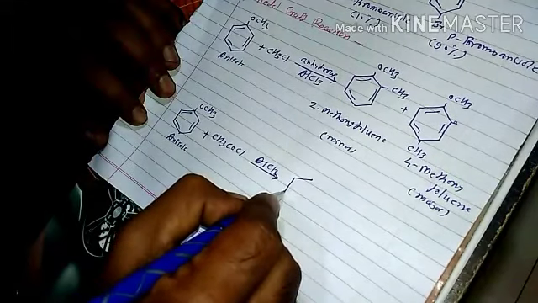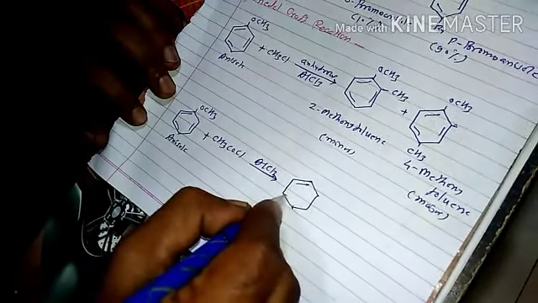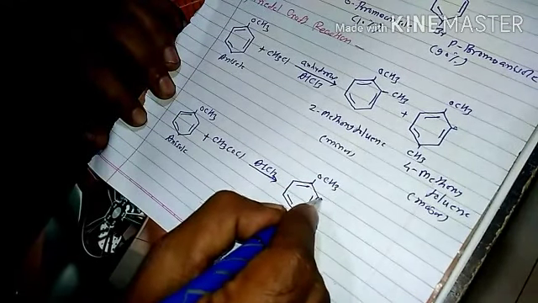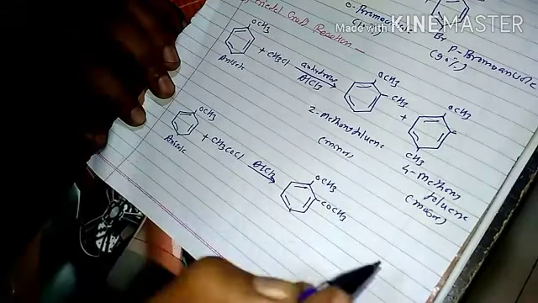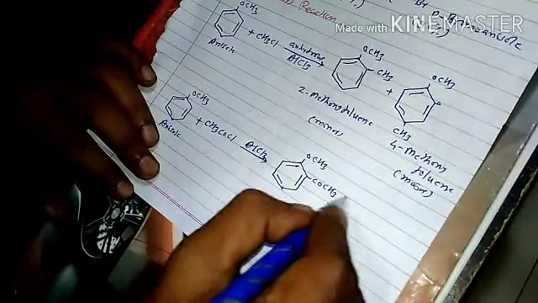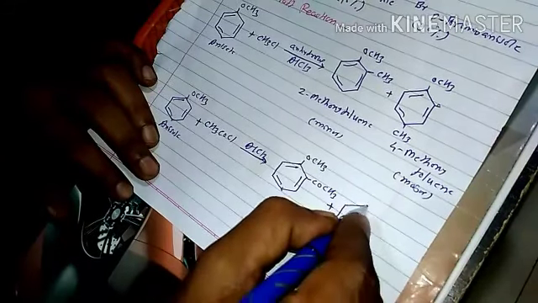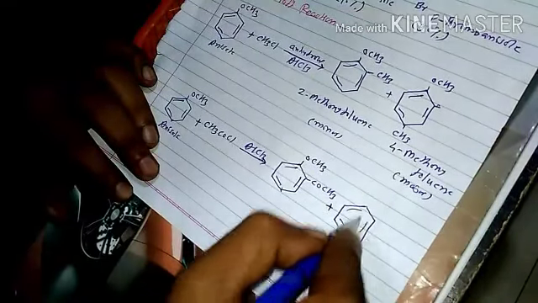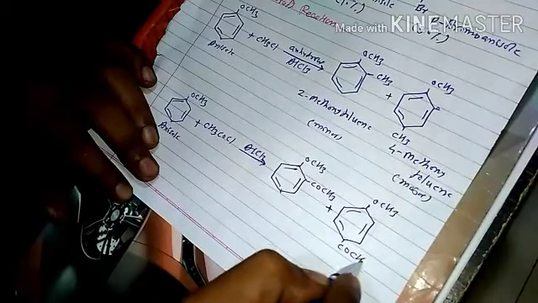So this is the benzene ring, OCH3, and here there is COCH3. Now H is replaced, and this will form HCl as a byproduct. So here plus OCH3, and here there is a COCH3.